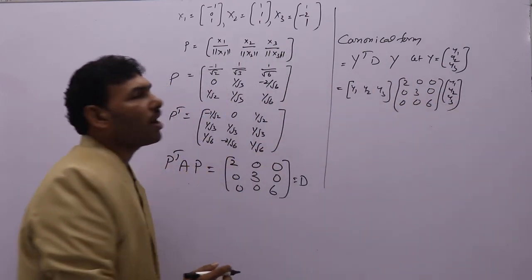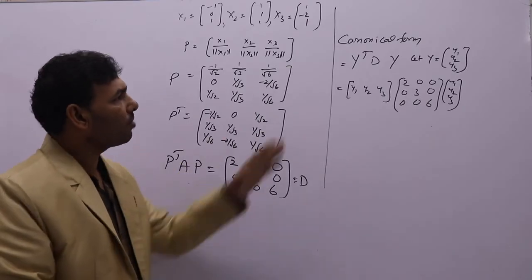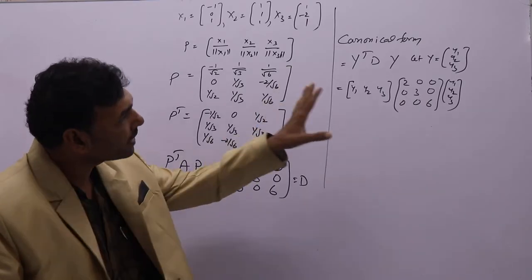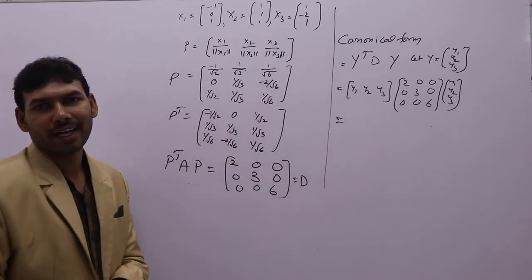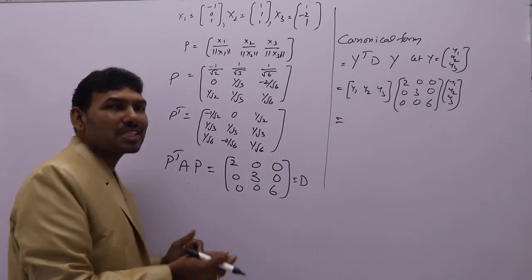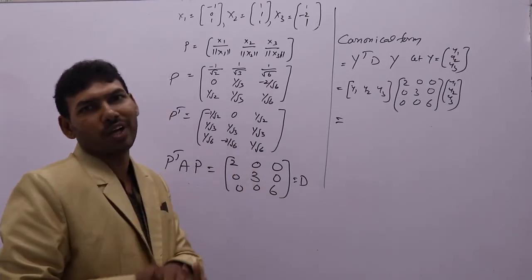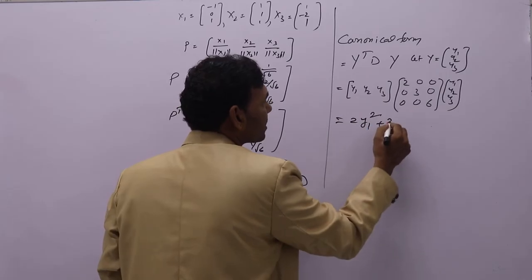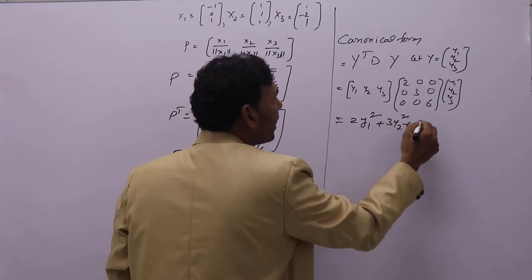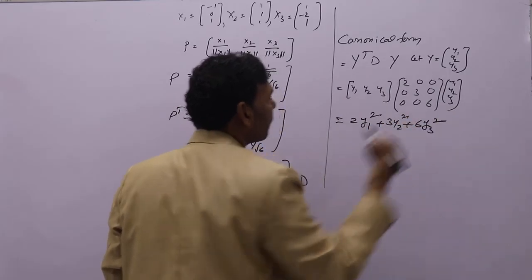We have a formula for canonical form, that's why I am writing. But without writing this formula also, with this matrix you can write the canonical form. Canonical form means sum of squares, only square elements you will have. That means 2y1 square plus 3y2 square plus 6y3 square.